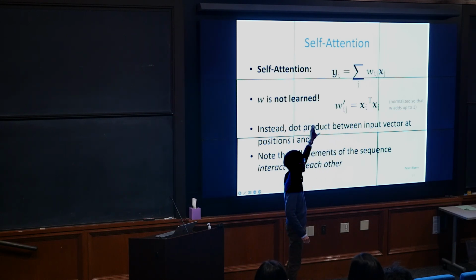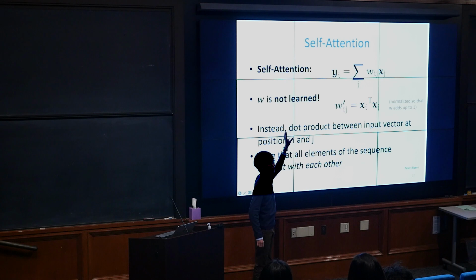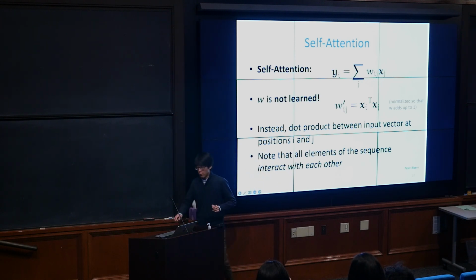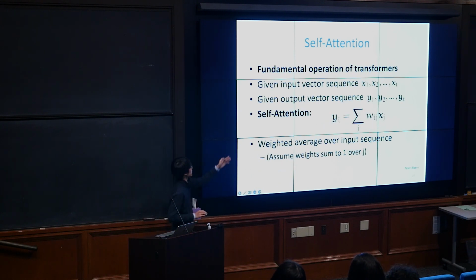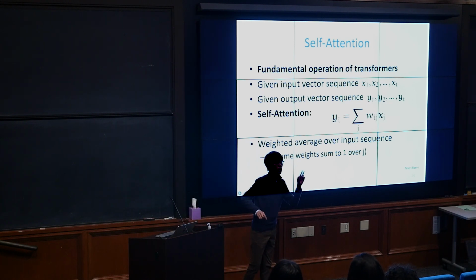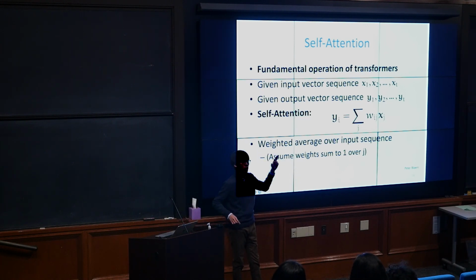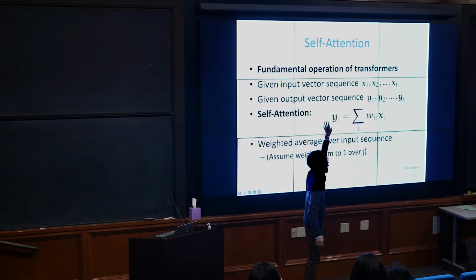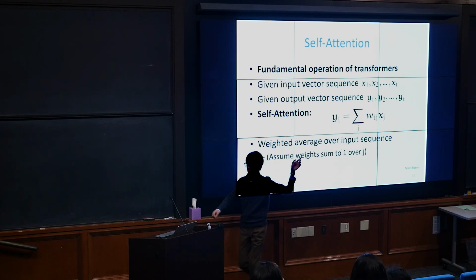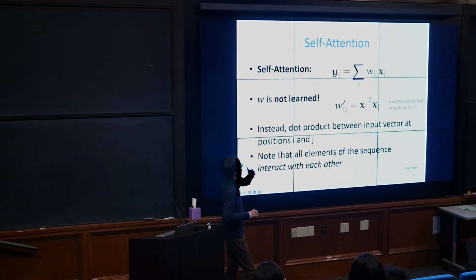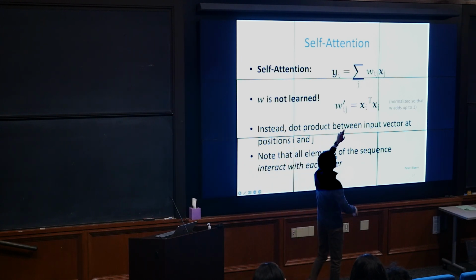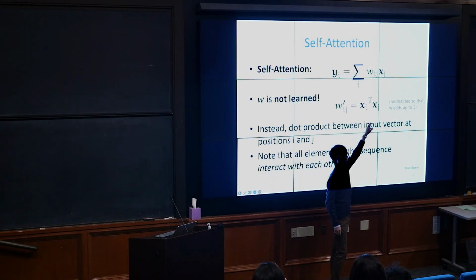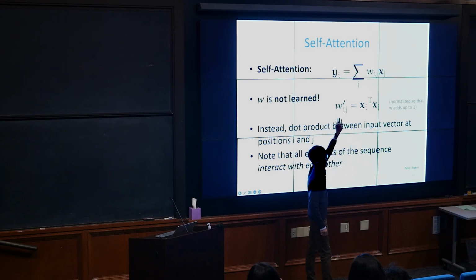So W here is completely derived from the input data, from the sequence X. And by the way, a lot of times we're going to talk about this as an input vector sequence, and that's because I'm assuming that each word is a vector, because there's some embedding that exists. So each X is a vector, and that's why the notation looks like that. For each sequence, you multiply each word by every other word, essentially, and that defines W.